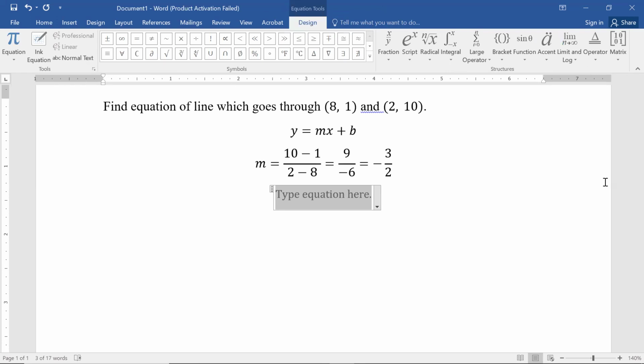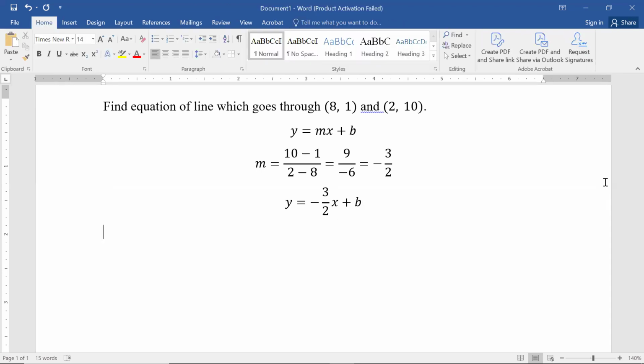So anyways, now I know that my m is -3/2. So I know that my equation is going to be y equals -3/2 x plus some unknown b value. And if you watched the previous video, you saw how we found the b value.